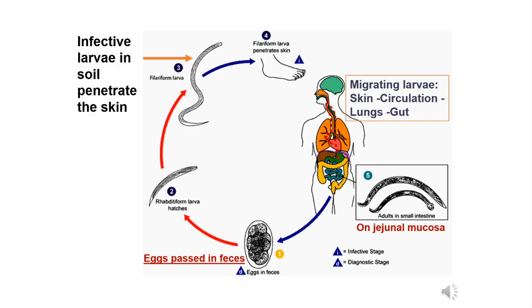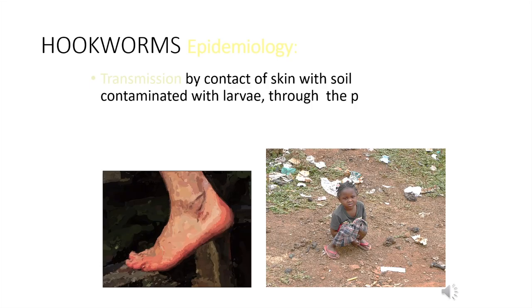This thin filariform larva is so suited to penetrate the skin of the feet. So when people tread into wet areas where infected stools have been deposited, the filariform larva would have the chance to penetrate the skin to produce infection again. And it may produce the ground itch like you see here.